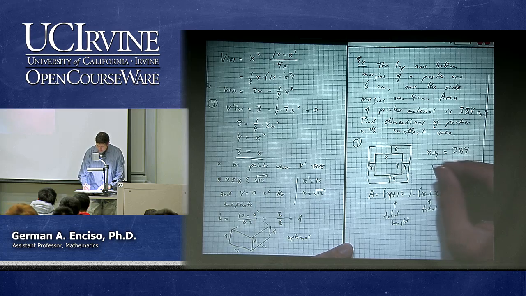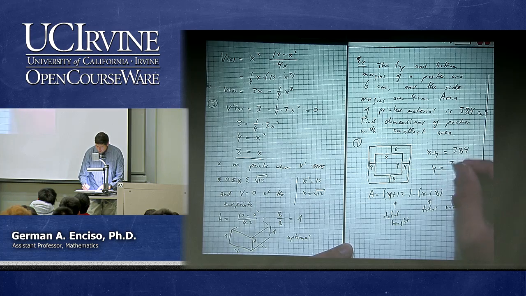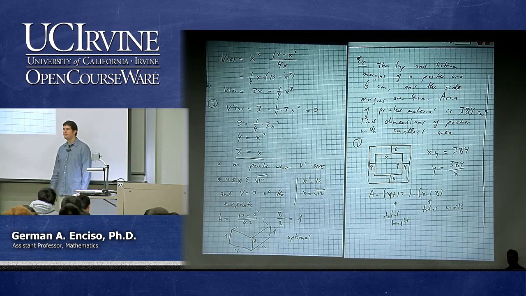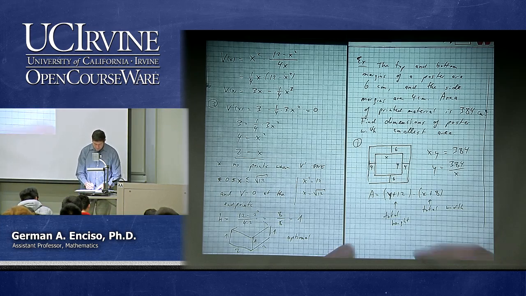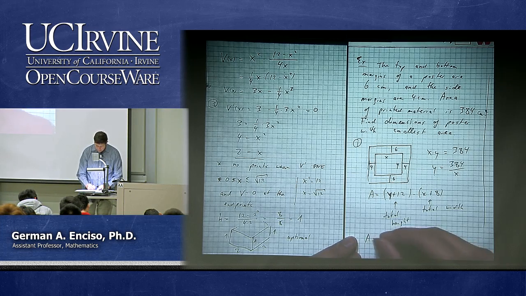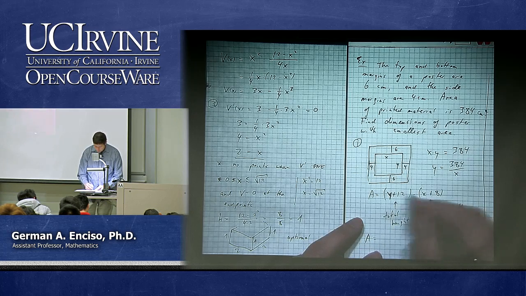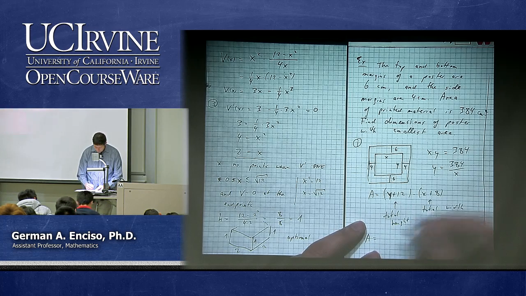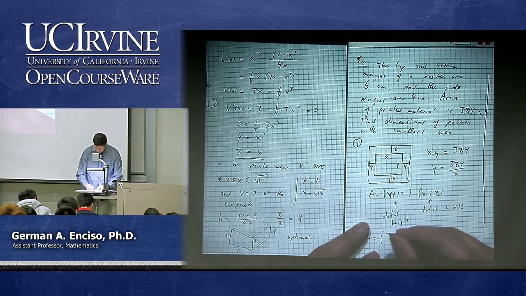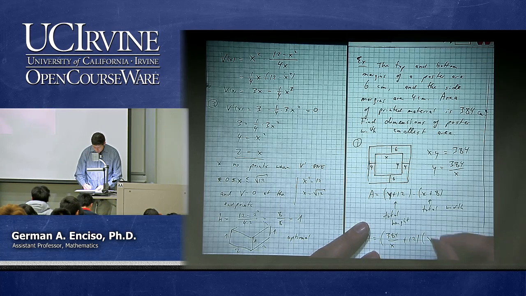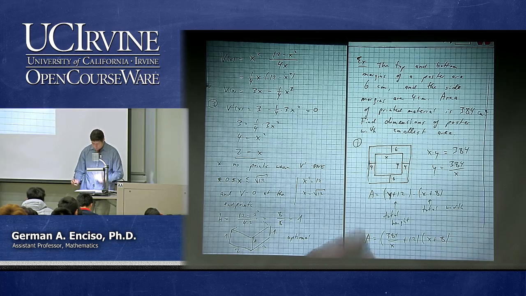We can write Y in terms of X. Y is equal to 384 divided by X. And that means that A is equal to 384 divided by X plus 12 multiplied by X plus 8.